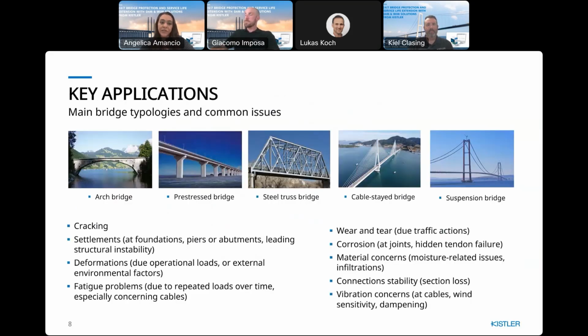Today, like I mentioned, we will focus our application on bridges. In the US, we have an extensive number of different types of bridges: arch bridges, prestressed bridges, steel truss bridges, cable-stayed bridges, and all of these present singular problems, but very common issues throughout the industry in trying to protect and prevent deterioration of the structure itself.